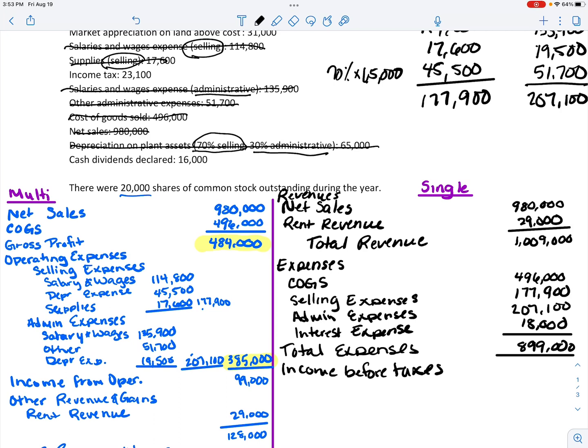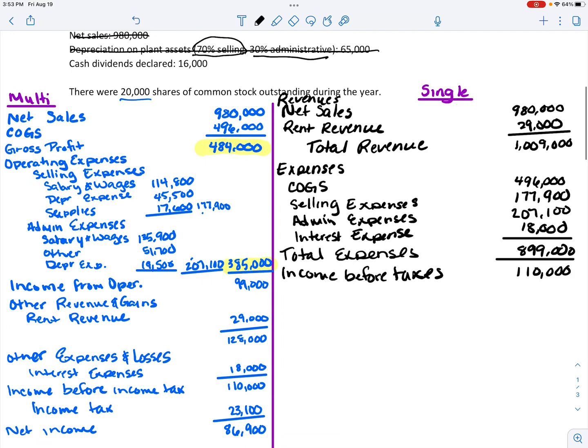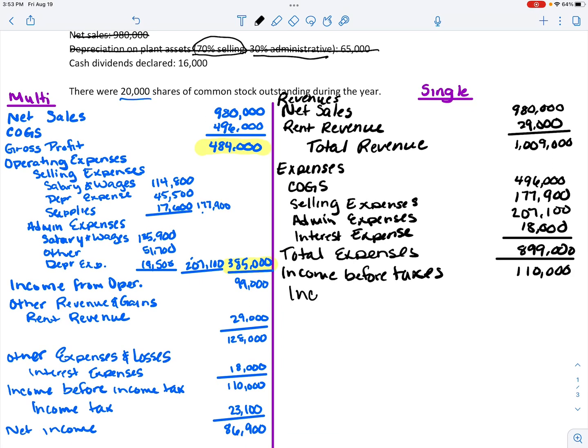My income before taxes is $110. And then I'm going to subtract out that income tax. Those are the same numbers, $23,100, to give me my net income, which is $86,900.